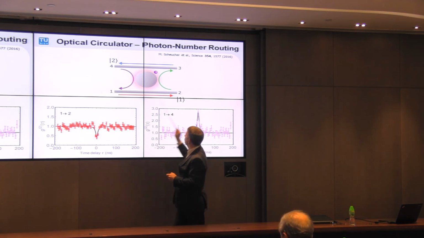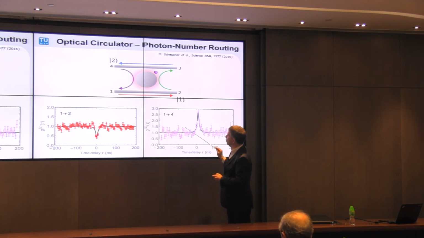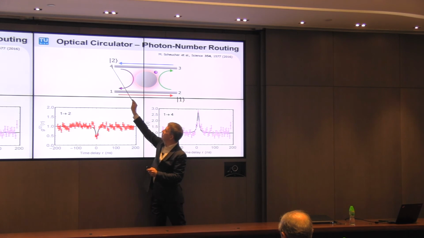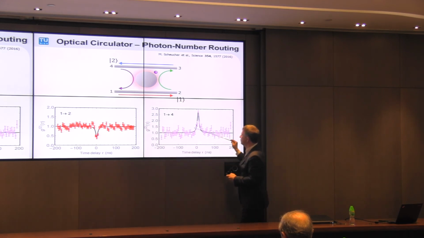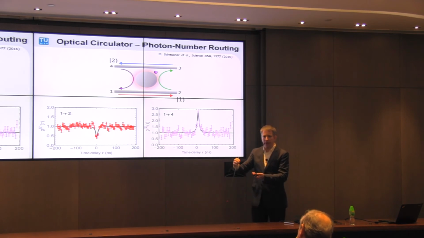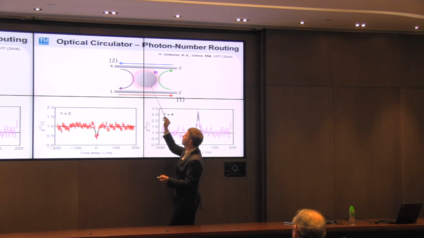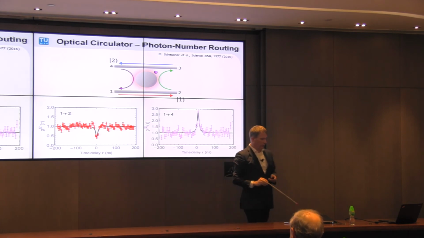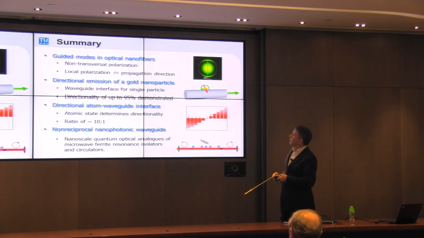So anti-bunching on port 1, whereas on port 4 we have a strong bunching, because the 2 photon component is filtered away from this light field and scattered into port 4. Okay. So with this, I would like to summarize.